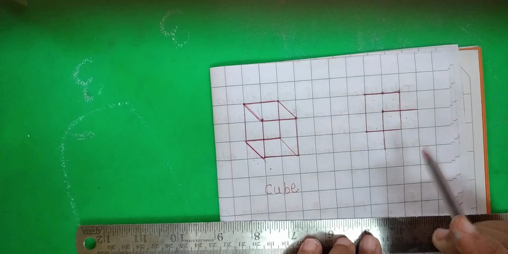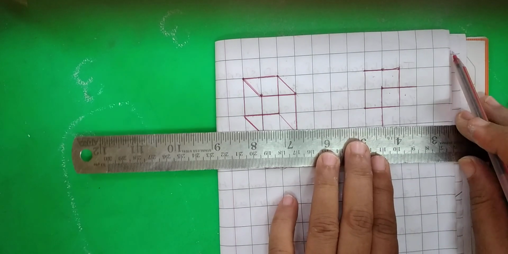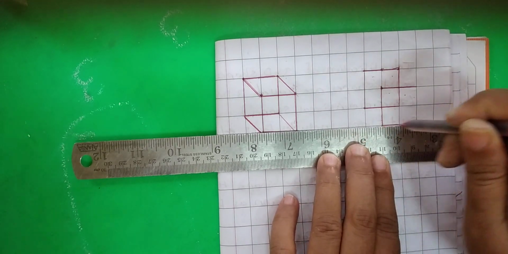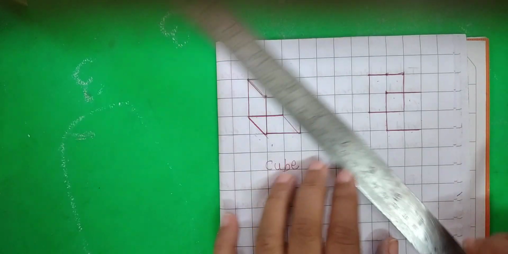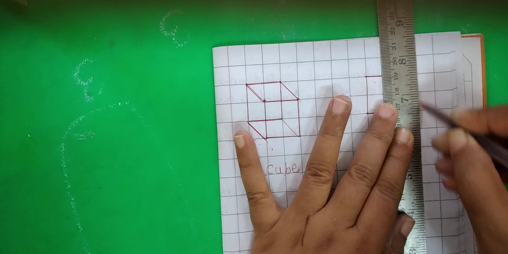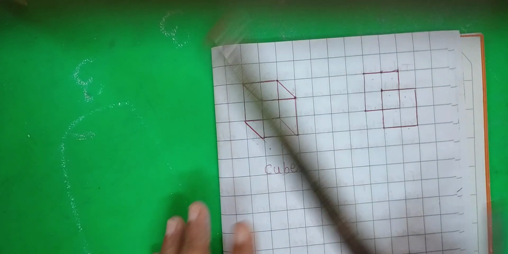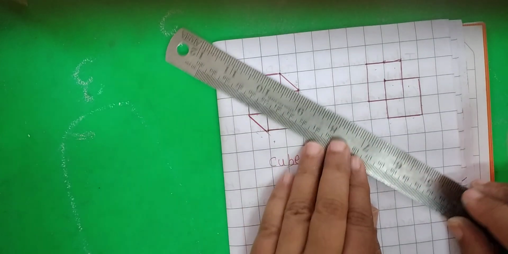Then again 1, 2. And this 1, 2. Join this. Okay, completed this.